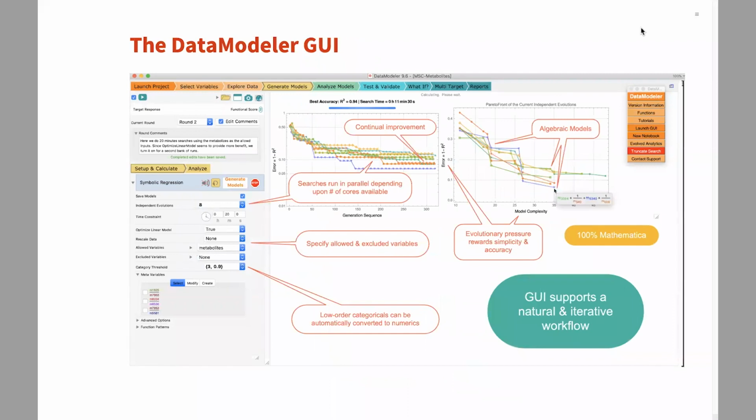I am not going to do anything with the DataModeler GUI other than to say that it is a thing of wonder. I went for many years as being sort of a command line notebook bigot, and I was sort of forced into getting the GUI built. But the reality is, when you're dealing with these sorts of data sets, you're very interactive.